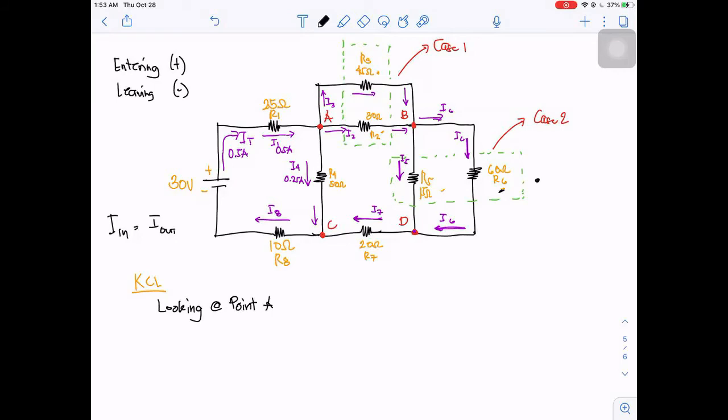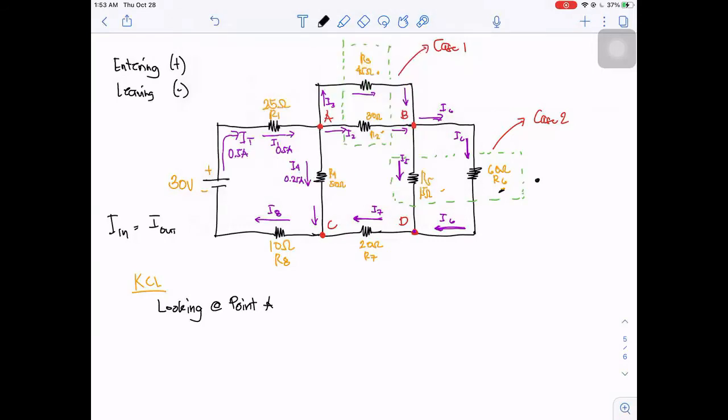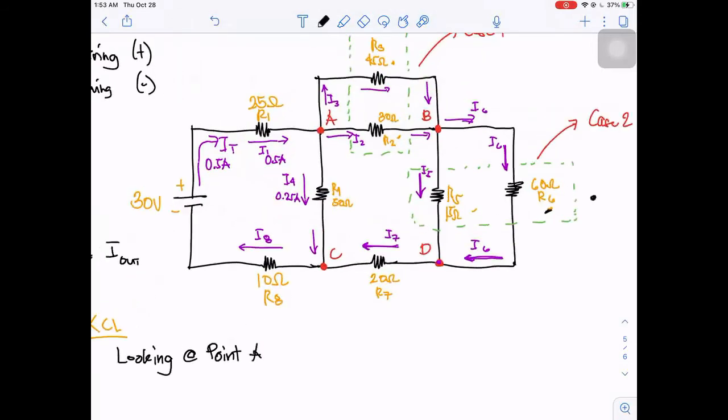So as we observe, IT is entering branch A, and also there are currents leaving from branch A, which are I3, I2, and I4.